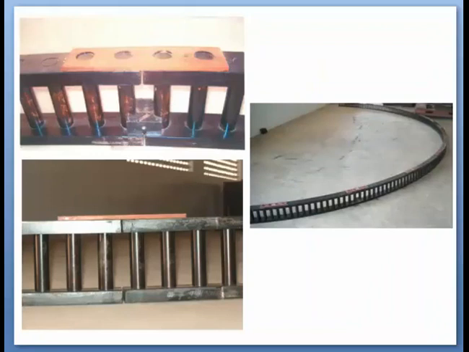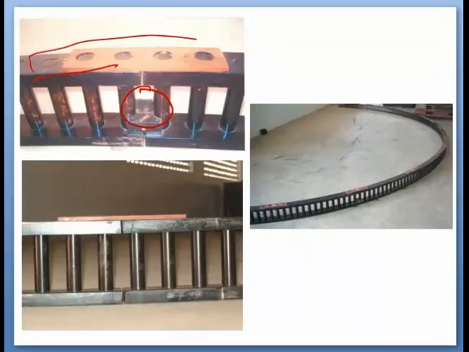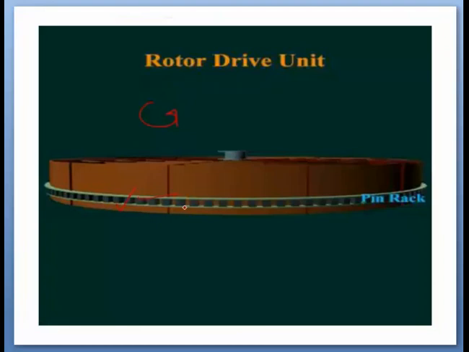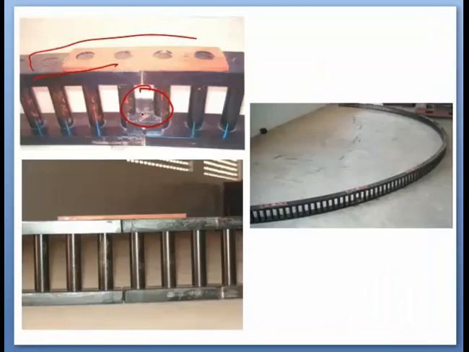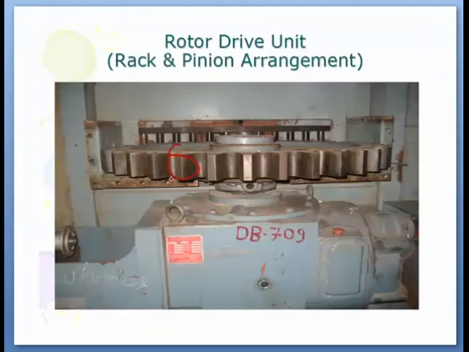Here you can see more clearly how the rotor drive unit projection is engaged in the pin rack of the rotor unit. Again I will show you the figure, this portion, and this particular thing is of the driver unit.